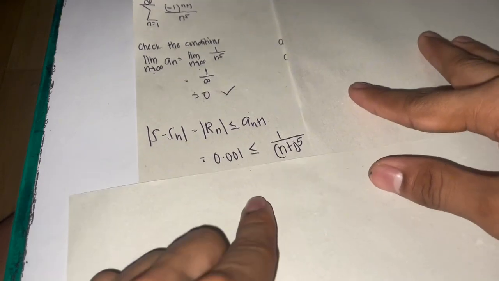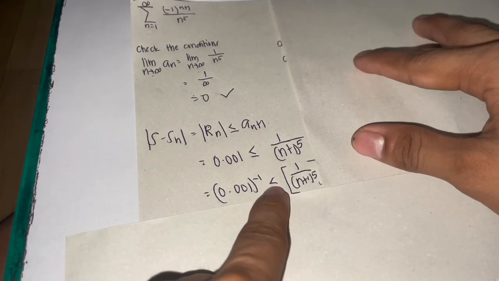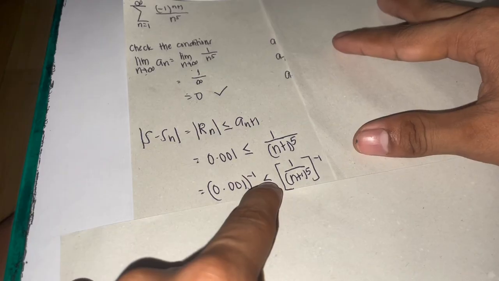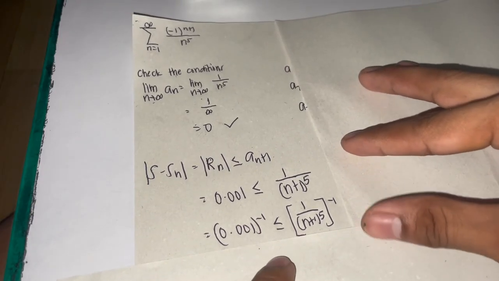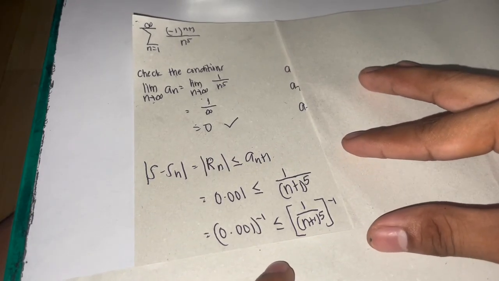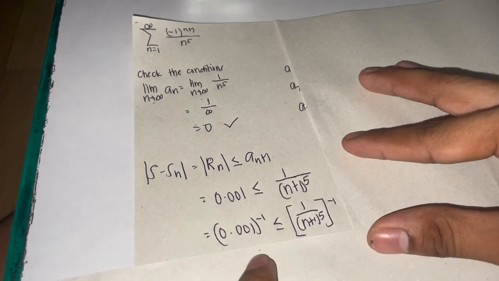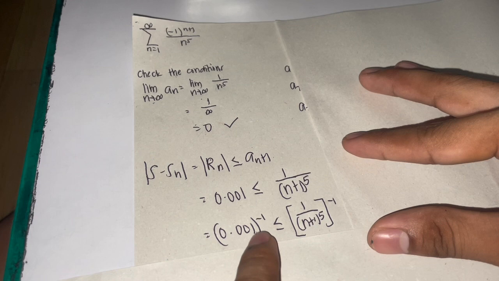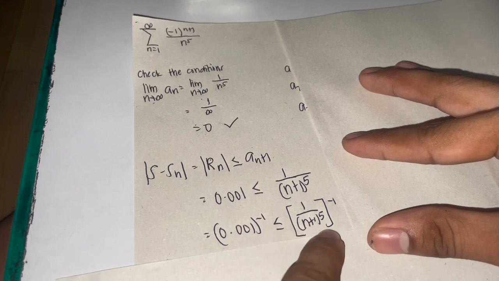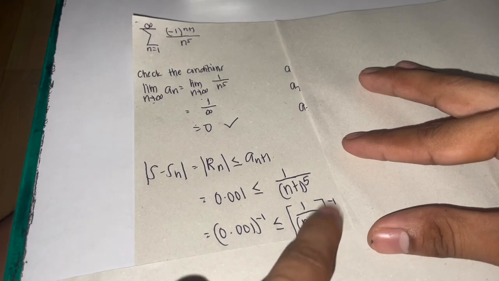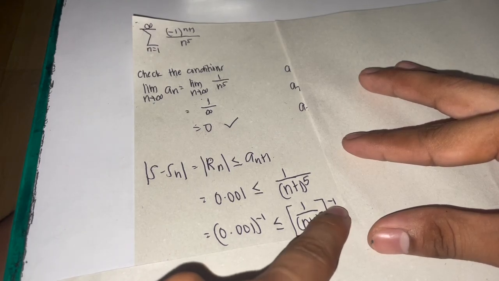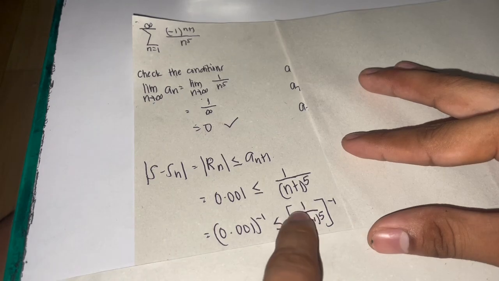Now let us raise both sides to the power of -1. We have 0.001 raised to the power -1, and the other side is 1 over (n plus 1) raised to the power of 5, raised to -1, so that this numerator 1 will be eliminated.